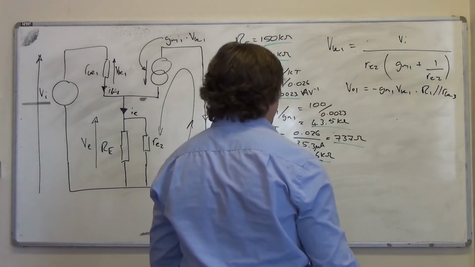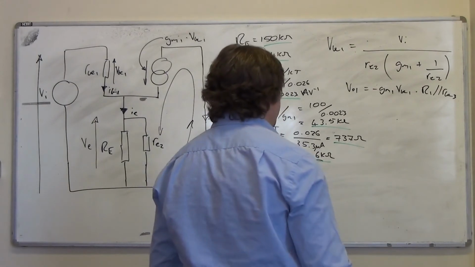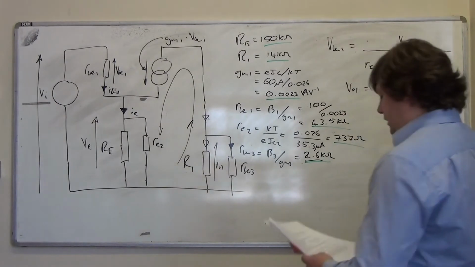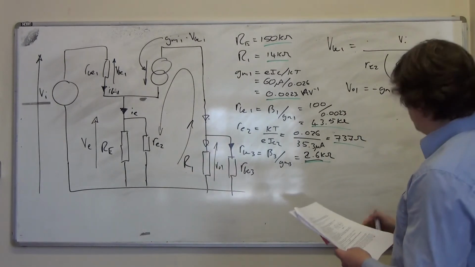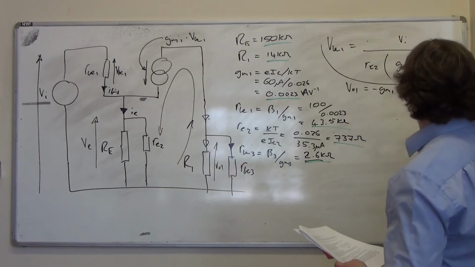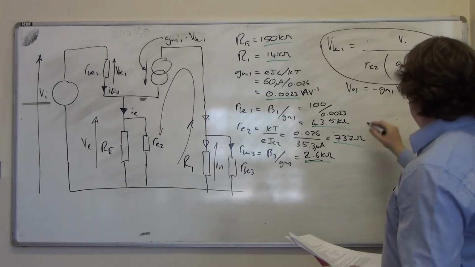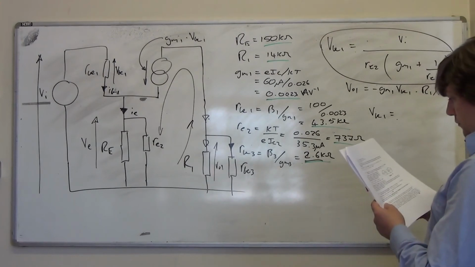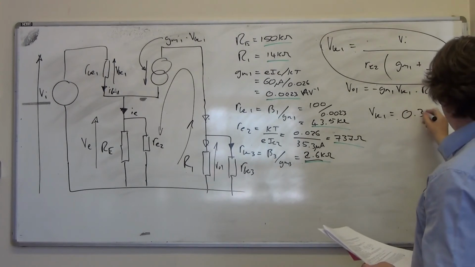Sub in your numbers. It's just a numerical exercise by this point. Everything that is in these equations is here, and it ought to give you, for this chunk, VB1 is equal to 0.371 apparently.